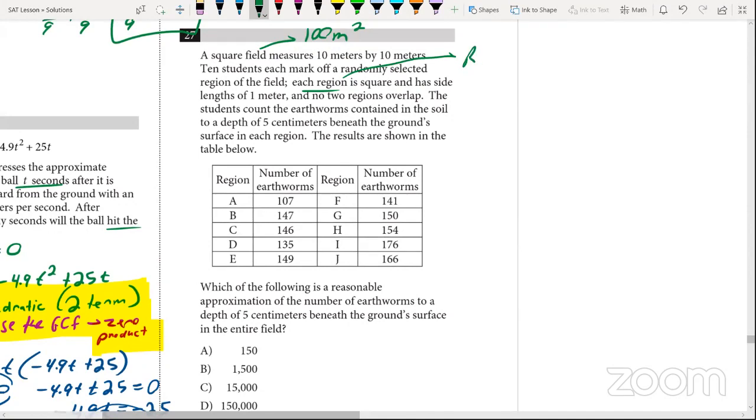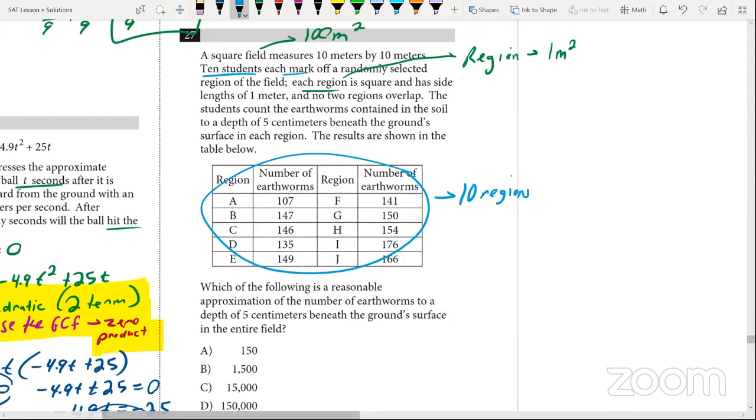So each region is 1 square meter. And in this chart here, we have 10 students marking off a region. So this whole thing represents 10 regions.